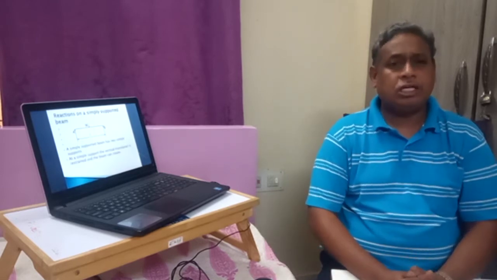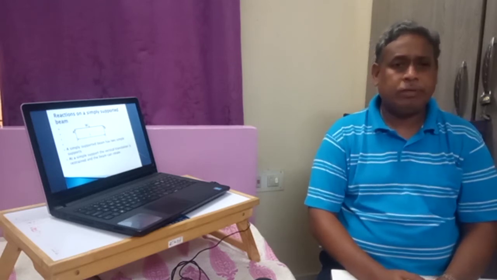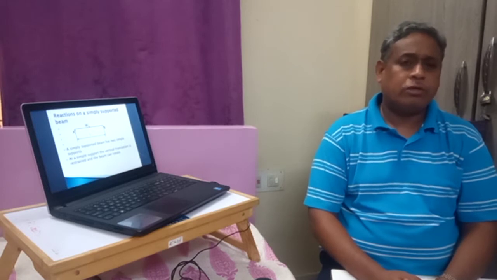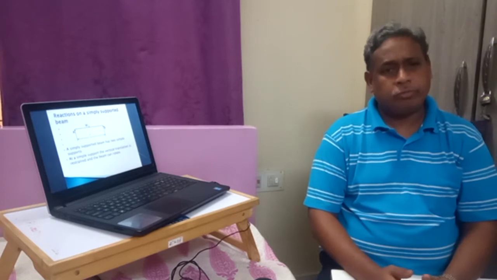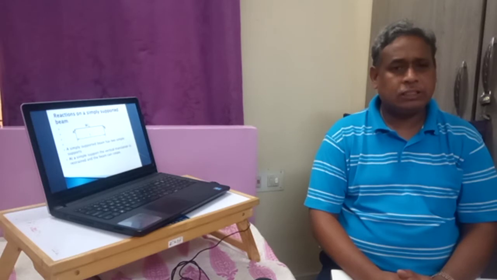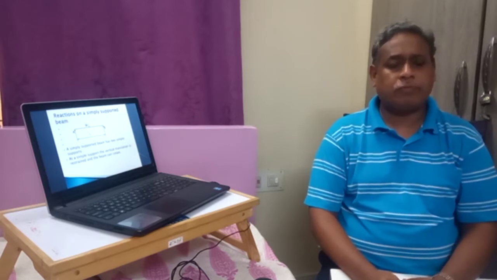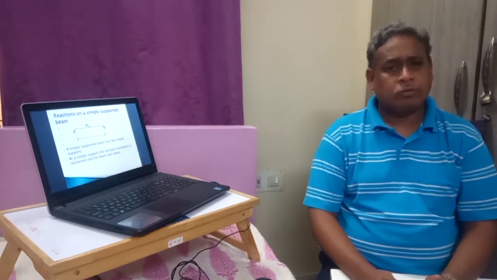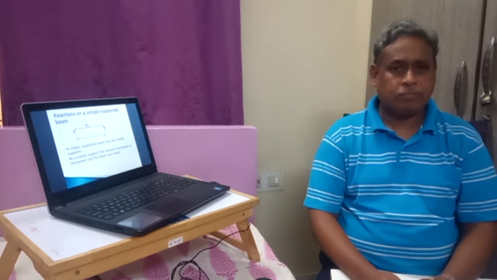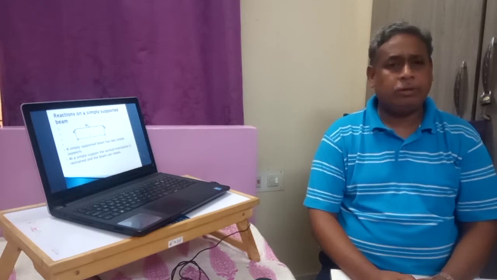We have solved some numerical problems in cantilever beams, that is a single point load, several point loads and uniformly distributed load, two different UDLs and combination of UDL and point load. These types of problems we have solved in case of cantilever beams. Now we will move to the simply supported beams.